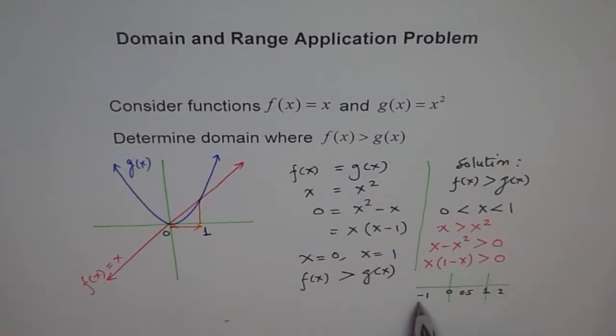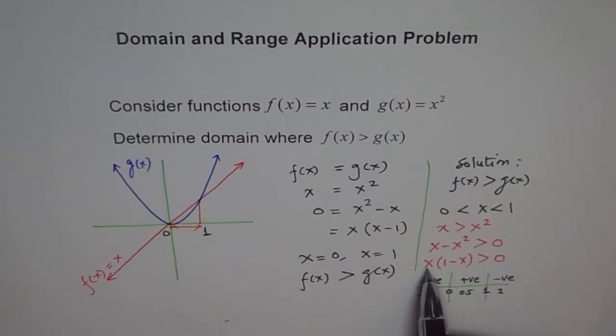If I plug in -1 here, then 1 minus -1 makes it positive, but -1 here will make it negative, right? So we get a negative value here. If you plug in 0.5, then 0.5 is positive, and 1 minus 0.5 is also positive, and positive times positive will give you a positive value. Is it okay? If you plug in 2 here, then this is positive, but 1 minus 2 will give you negative, and you get a negative here.